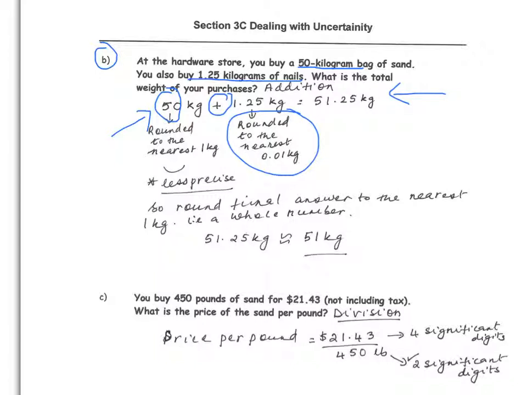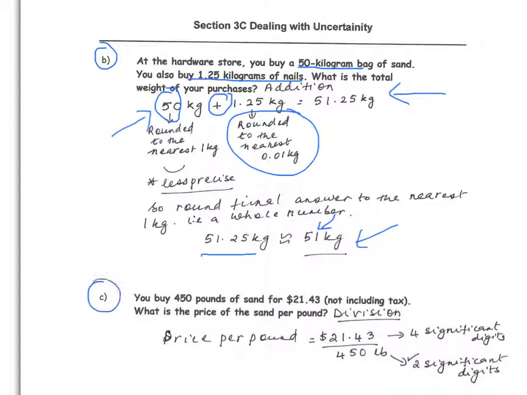So therefore, our final answer, which is 51.25 kilograms, has to be rounded to the ones place. That is the number of places that it's rounded to in the less precise of the two numbers. And our final answer is presented as 51 kilograms.